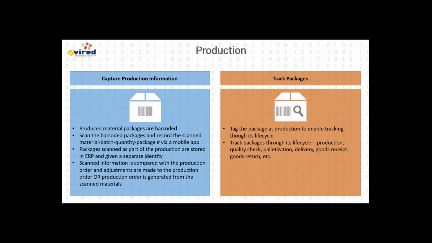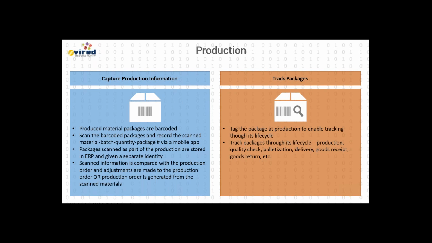The produced materials can be barcoded and the packages can be scanned from a mobile application. All the packages that are produced as part of a batch can be recorded, and the barcode of material, batch, quantity, and package is what goes into the barcode. These packages are scanned individually and tallied with the production order in the enterprise system.